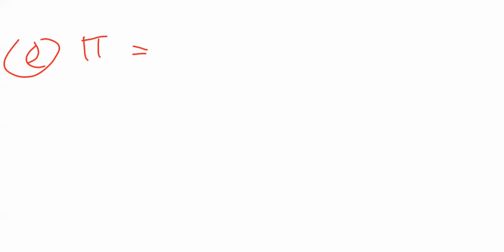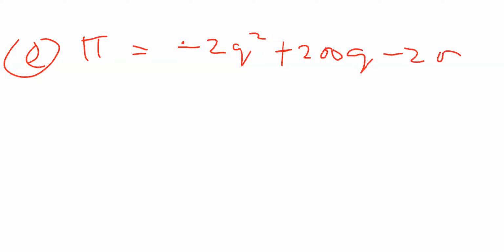We got the profit function: minus 2Q squared plus 200Q minus 200. Now that means wherever I see Q, I put 50.